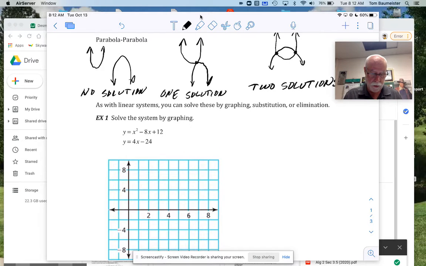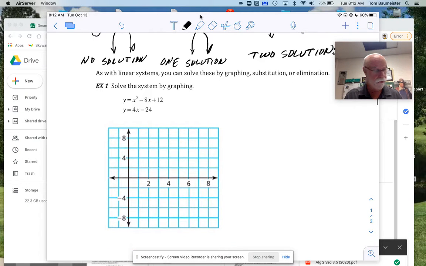All right, so example 1, solve the system by graphing. Now you can plug these in your calculator, right? But I'm just going to show you how we can still do it using our brains. So remember, on this one here, we're going to set them equal to 0 and we're going to factor.